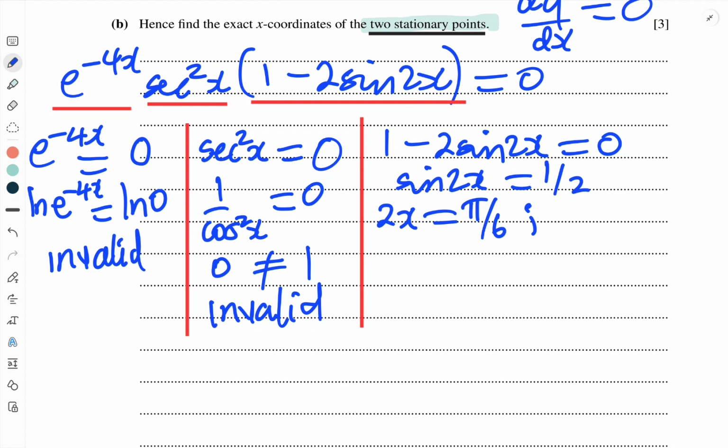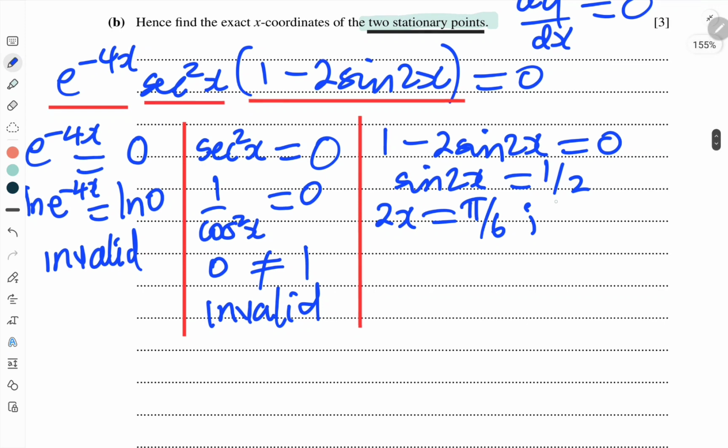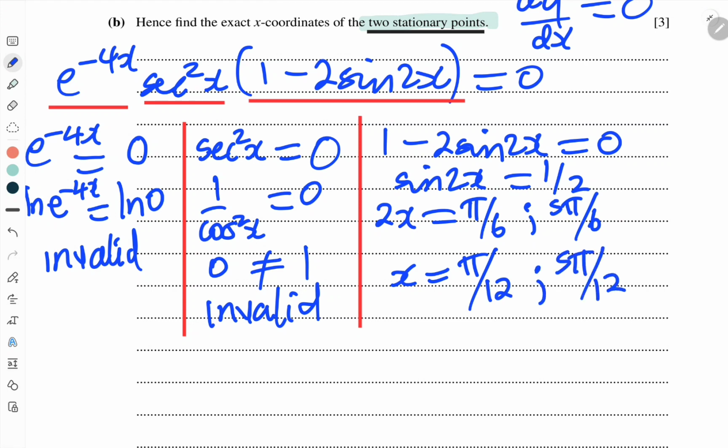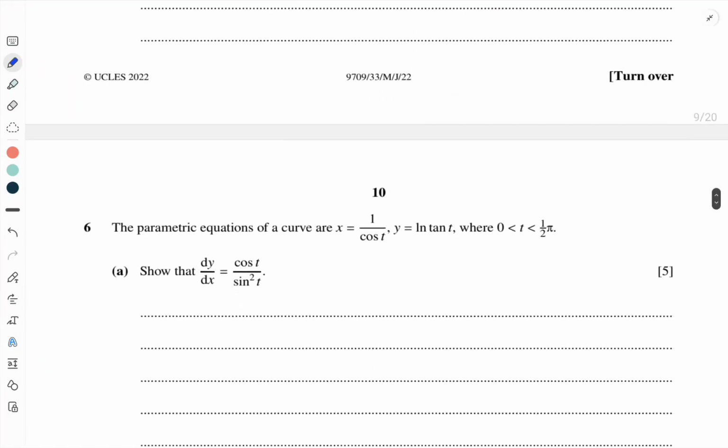Of course, I'm thinking in degrees, but it has to be in radians. 150 degrees in radians is going to give us 5 pi over 6 as our second solution. Then we divide each of the solutions by 2, which means now we have pi over 12, and 5 pi over 12 as the other solution. So that's just about it for this question number 4.